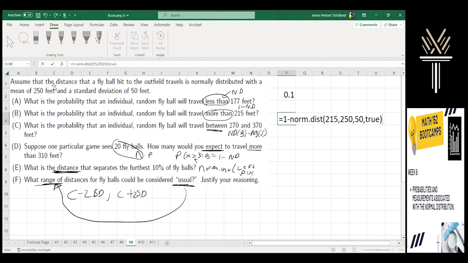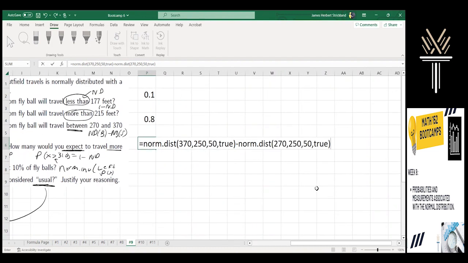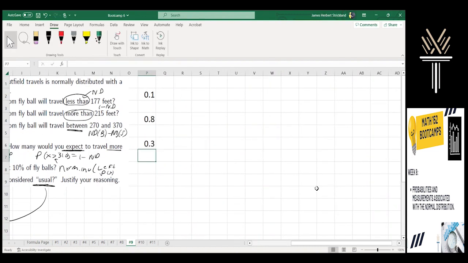And 250 and 50, of course, come from the very top here, the mean and deviation. Okay, big minus small. Norm.dis, the bigger measurement's 370, given 250, 50, true, minus the smaller measurement, norm.dis, 270, given 250, 50, always true. Hit go, and there's our probability.